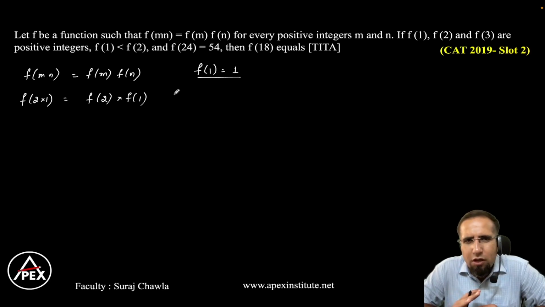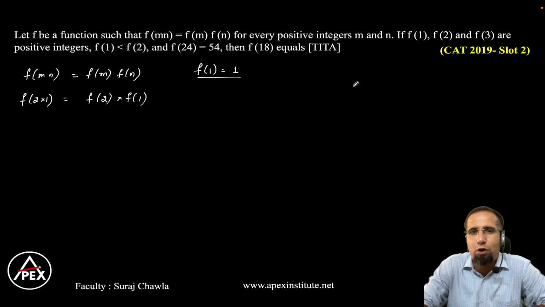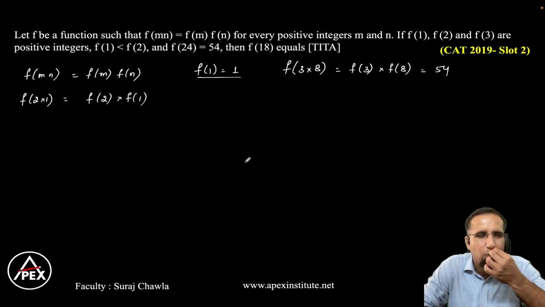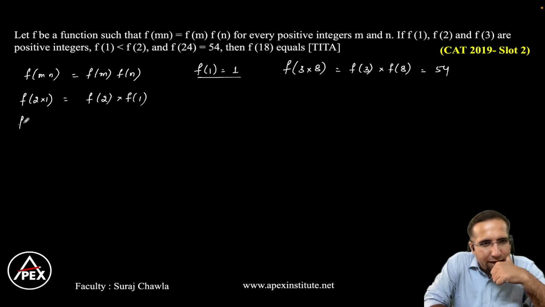Now I am told that m and n are positive integers and f of 24 is equal to 54. Now 24 can be written as 3 into 8, which means f of 3 into f of 8 is equal to 54. Now suppose I write f of 2 into 2, that is f of 4, which is equal to f of 2 into f of 2.